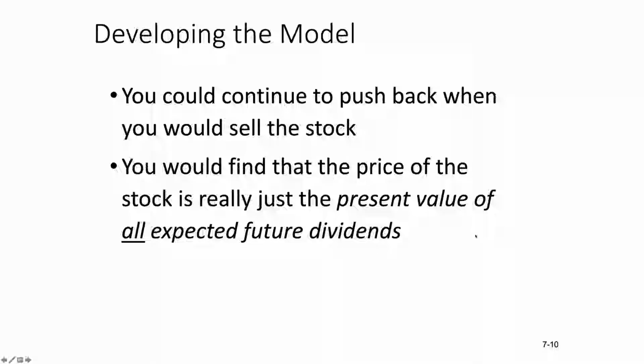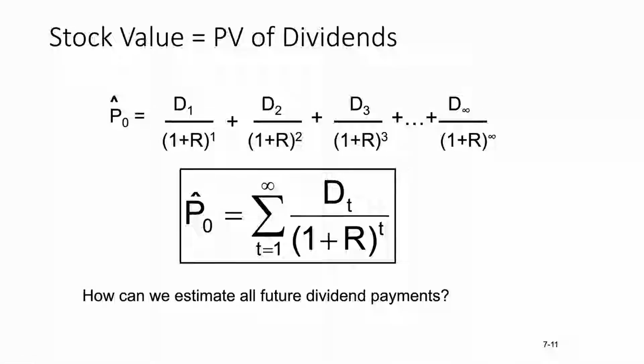You just pay the present value of a future dividend payoff. Mathematically, let's assume the company will live forever. Let's go to infinity. Dividend 1 is at the end of the first year, dividend 2 at the end of the second year, dividend 3 at the end of the third year, dividend infinity, that's very many years later.